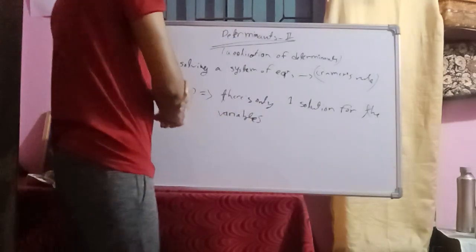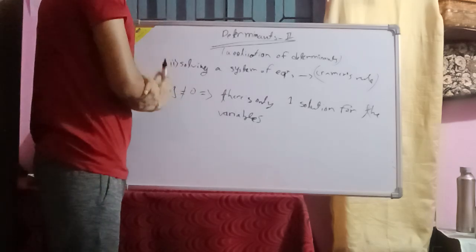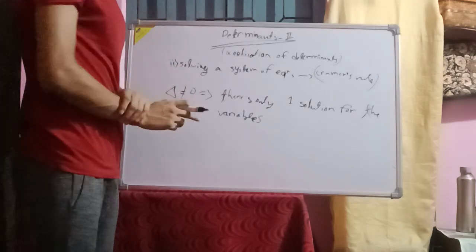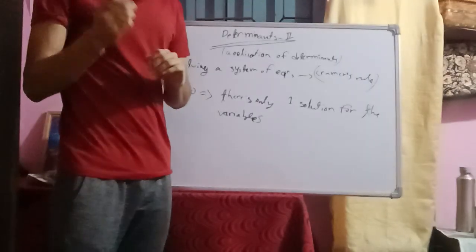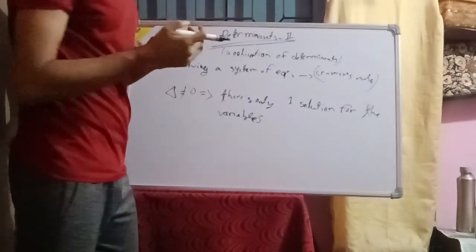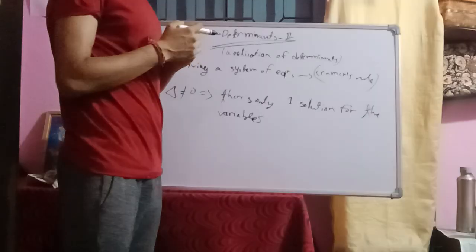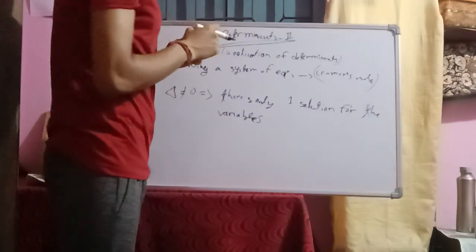This means that if the value of our determinant delta is not 0, then there can be only one possible combination of the values of the variables for which all of the equations will be true.